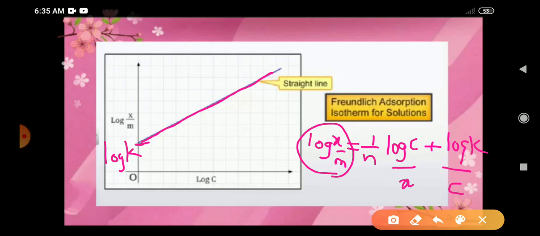And the slope for this plot is 1 by n. This is the same as what we learned in the case of gases, but there pressure is taken, and here concentration is taken, because in the case of solution we take concentration instead of pressure.